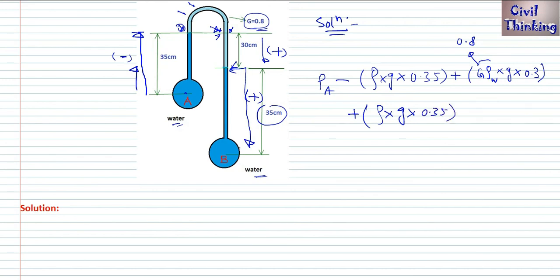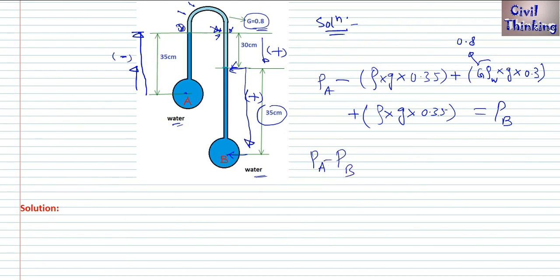Okay, now where are we? We are here now. Will we equate this to 0? No, because here there is no atmosphere. Here is PB, so we write it equal to pressure at B. Now if you rearrange the terms in this equation, we get PA minus PB.